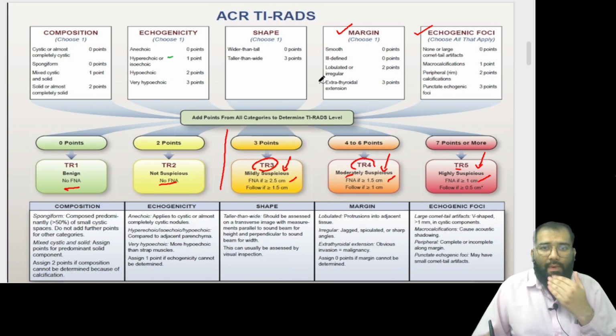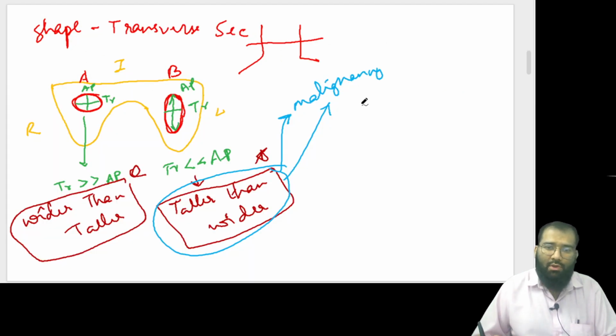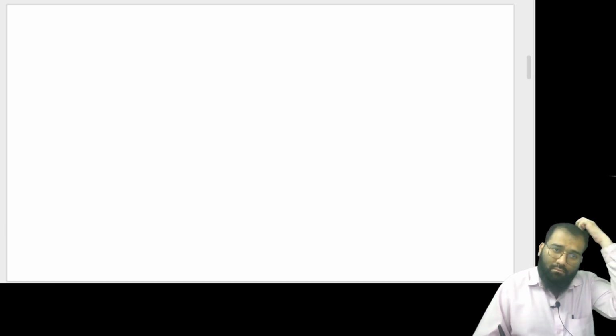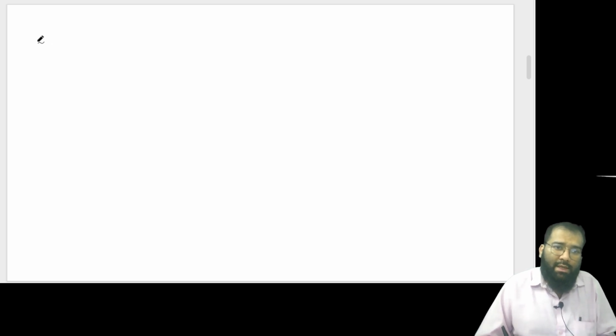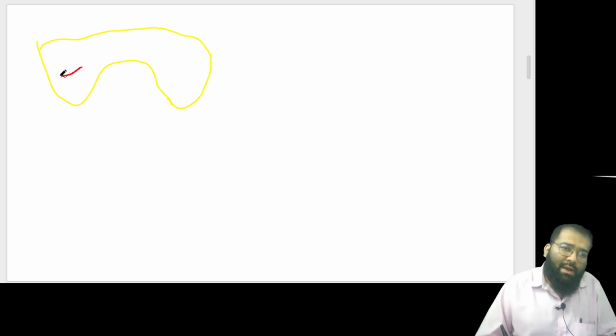Okay, so you have to look whether the margins are smooth, ill-defined, lobulated, or it has got extra thyroid extension. So for example, if this is a thyroid gland, when it comes to margins, you have to look if it is well defined, smooth, or you have to look if it is lobulated, or you have to look if it is ill defined.